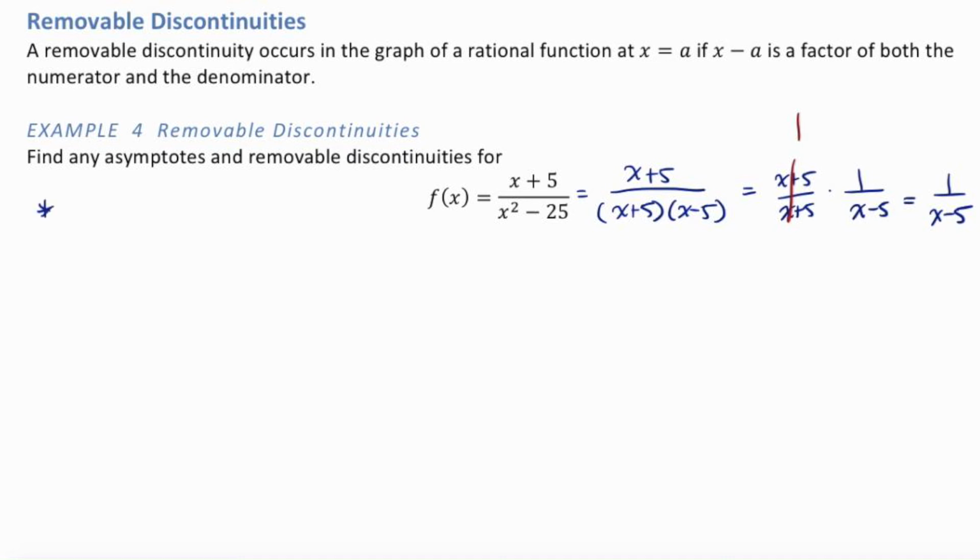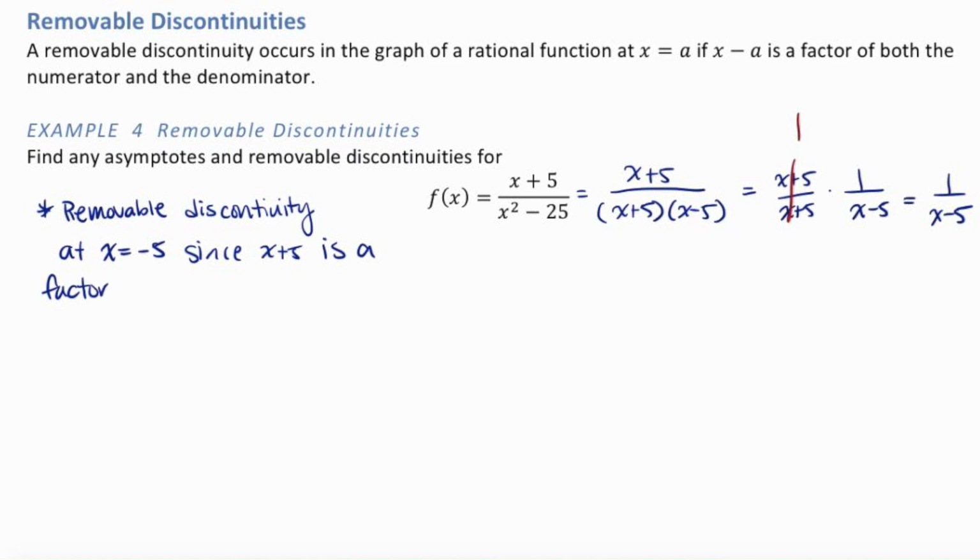This tells me we have a removable discontinuity at x equals negative 5, since x plus 5 is a factor of the numerator and the denominator. What about our horizontal asymptotes?